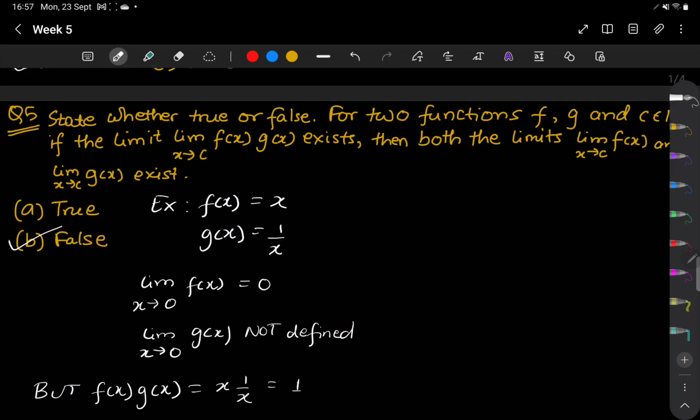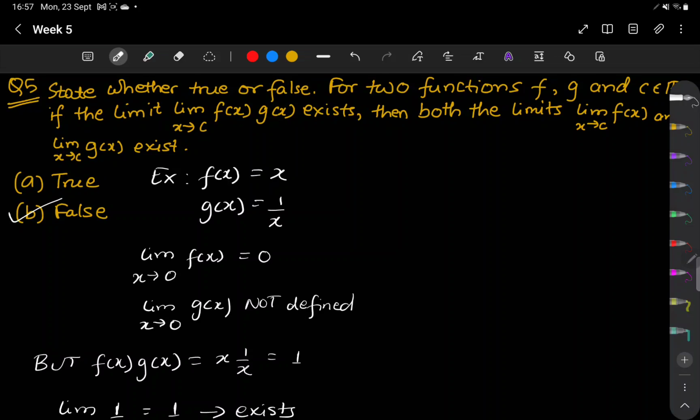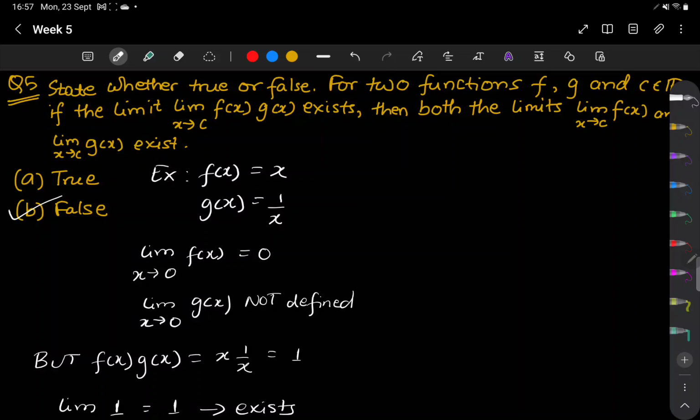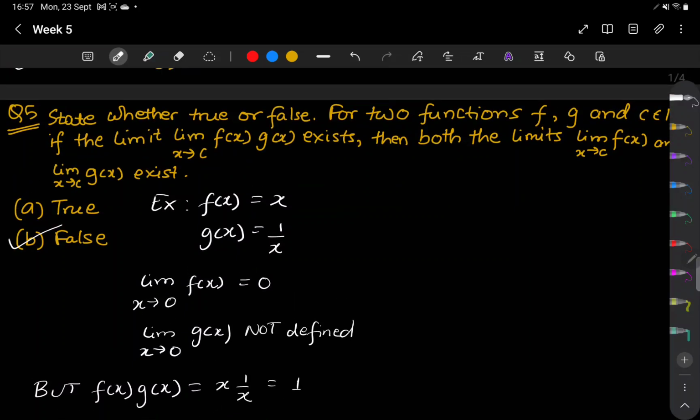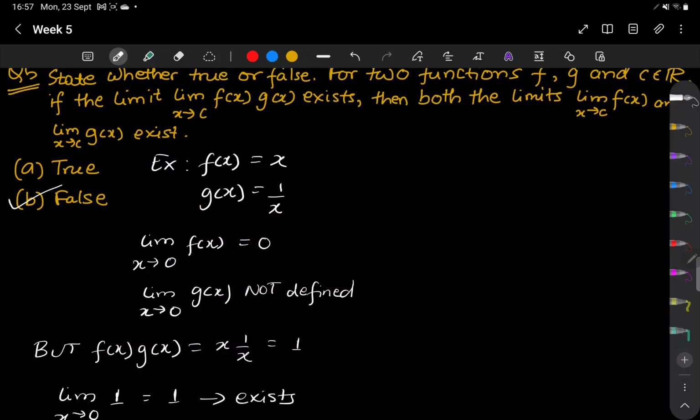So we have two functions, and the limit for one of these functions is not defined. However, the limit for the product of the two functions is defined. So this is one particular example which shows that this statement is false, that if the product limit exists, then the limits for each individual function should exist.